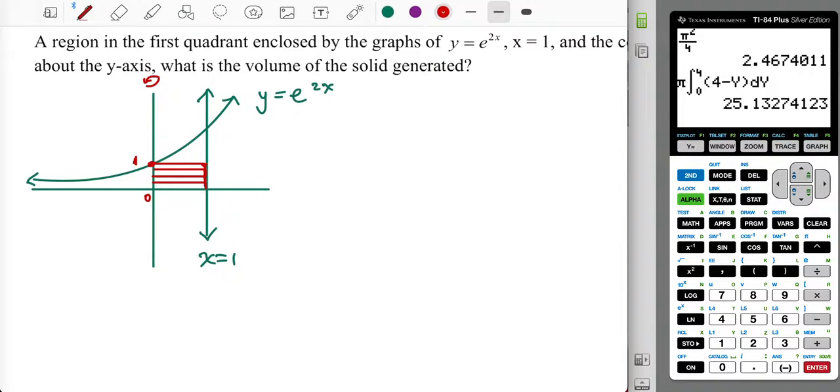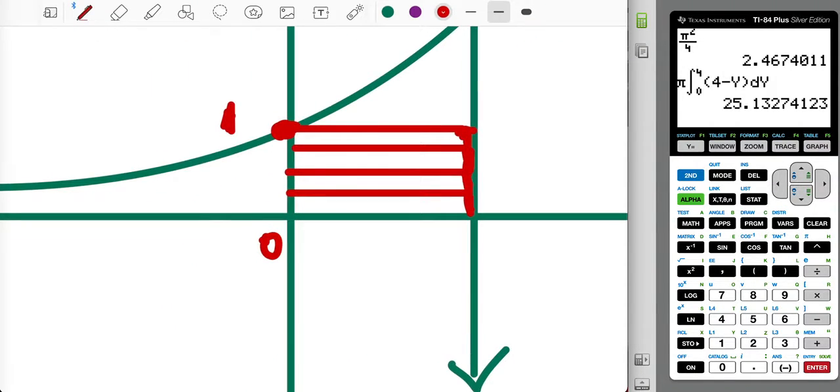So each one of these rectangles, if I bring it in, it's going to be a little messy. I mean, you've seen my drawing abilities, so you're not surprised by now.